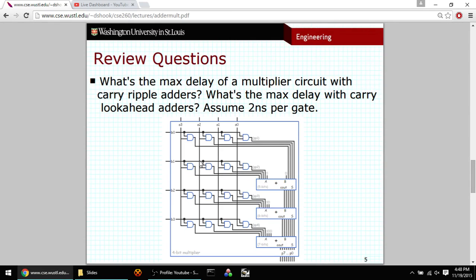So we have to keep shifting things over, and what that means is our result is going to have more bits than our starting values. So I have two 4-bit values coming in. It says 7 bits here, but then it has 8 bits here. Where did that extra bit come from?